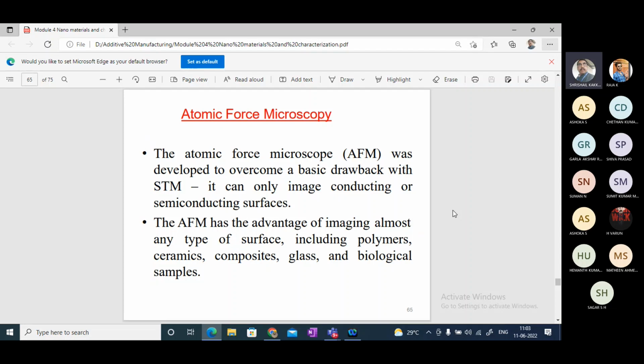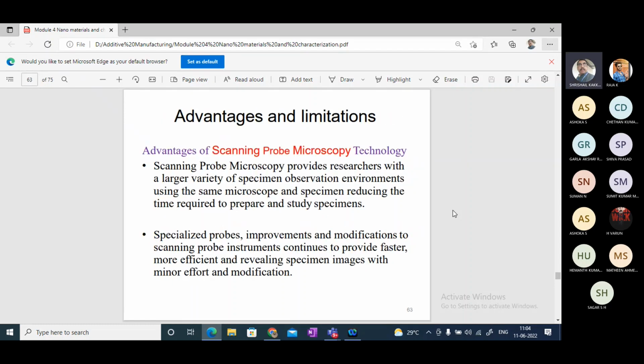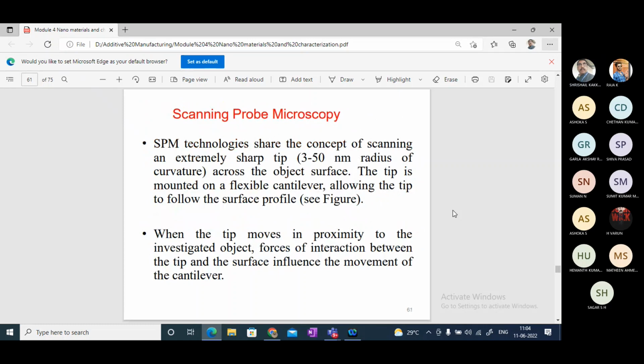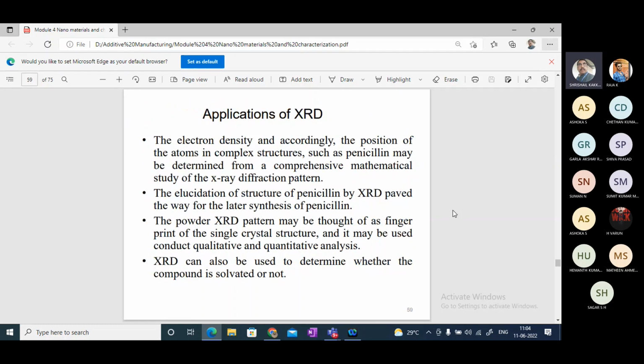As the name indicates, some of the drawbacks which we found with the previous microscopes, we can overcome over this. If you look at the XRD, the XRD and all these will be very much applicable only to crystalline materials.